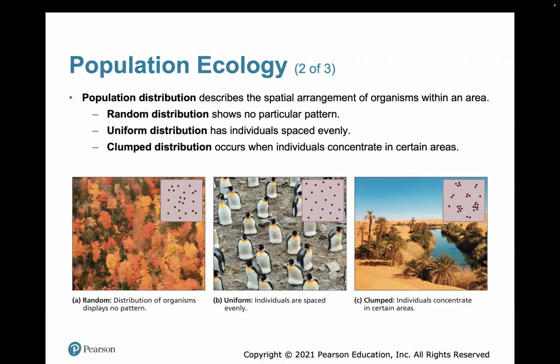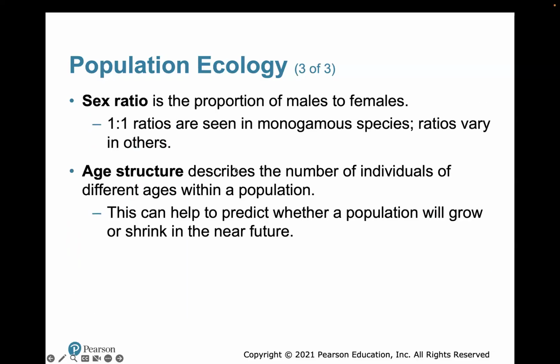Random shows no particular pattern; the individuals are arranged without any apparent pattern. If they are spaced out evenly, that's uniform. And if they are clumped together in groups, that's clumped. So those are the three types.